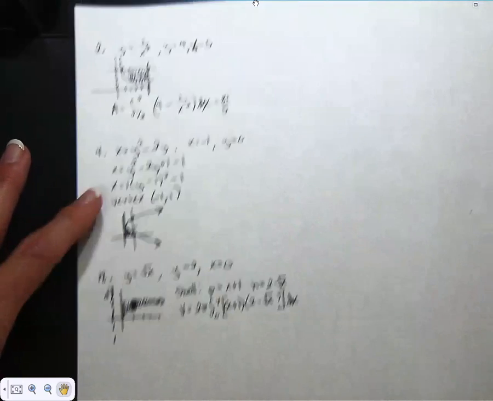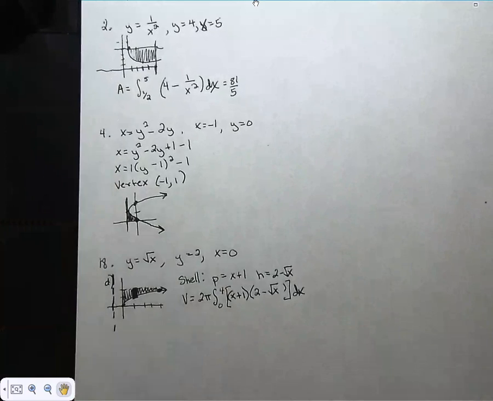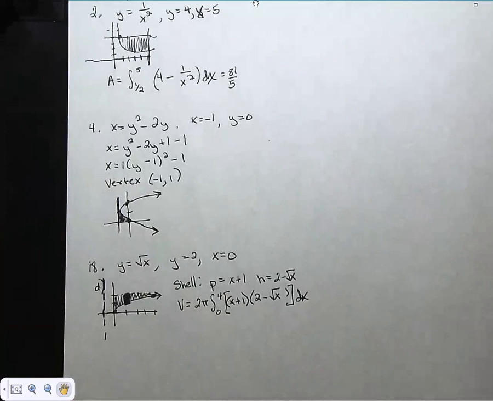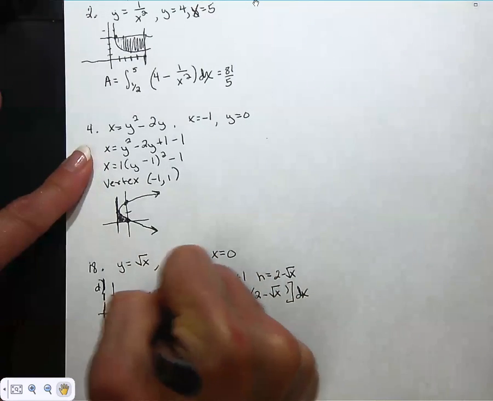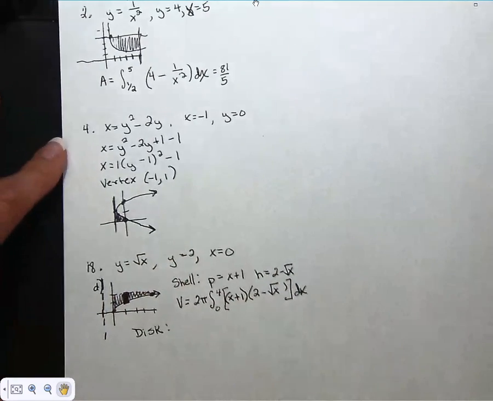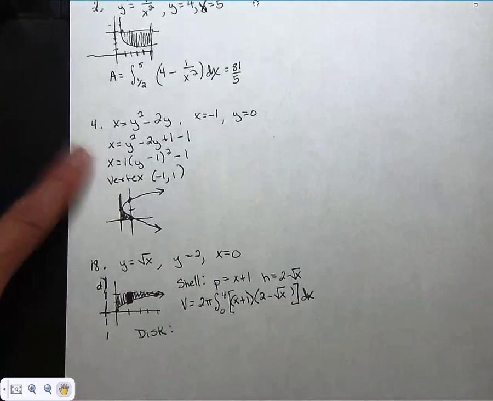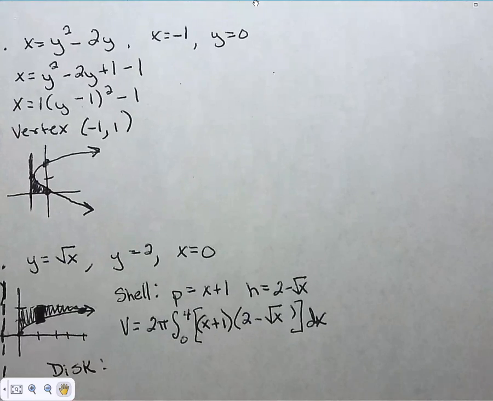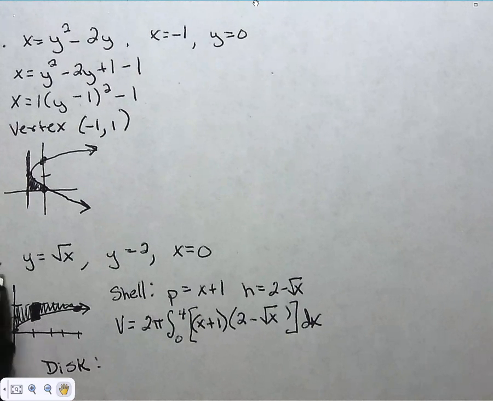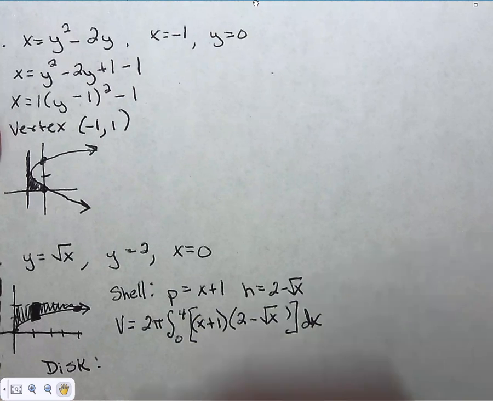Okay. Minus negative. And again, I did the disk method, and let's just make sure we can do that too. If we were using the disk method, we would want horizontal rectangles because they would be perpendicular to that axis of revolution. And when we use the disk method, we need the outer and the inner radius.